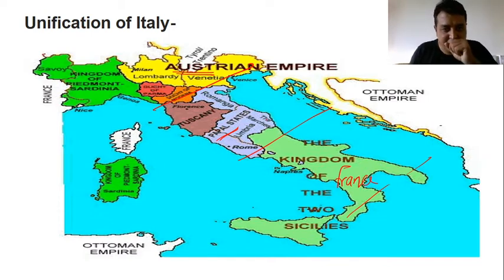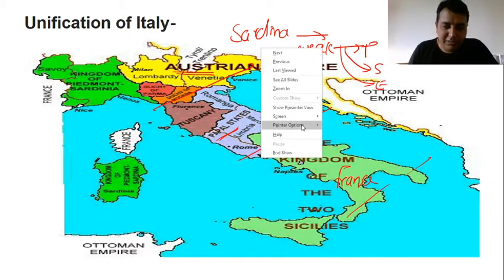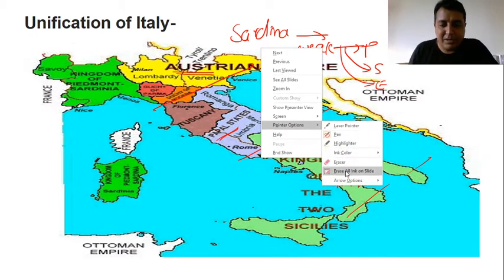And as I mentioned, Sardinia led that movement, and as compared to Prussia, Sardinia was weak in the political, social, and economic aspects. So the unification of Italy is a nearly impossible task.